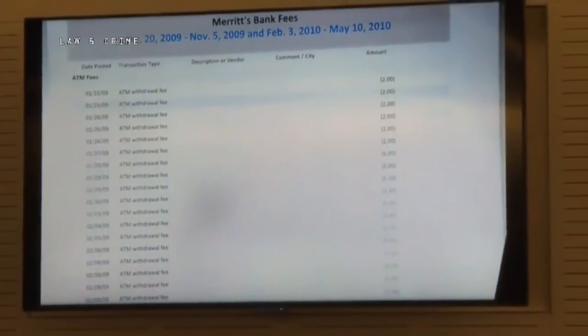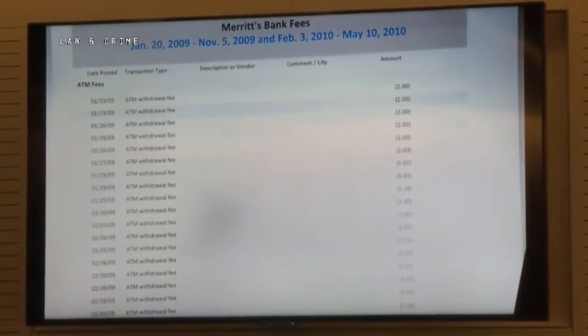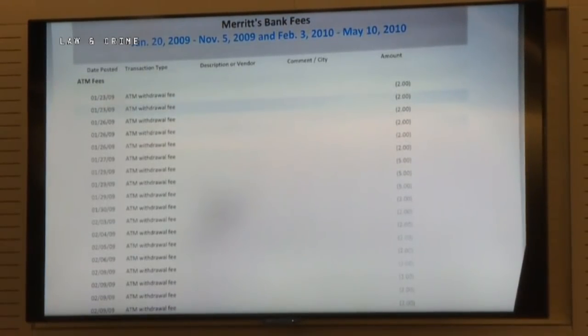This covers those three bank accounts, the two at Union Bank plus the Bank of America. And as I said earlier, we didn't have bank statements for a few months in the middle there, from November of '09 into February of '10. So this covers all those months that we do have information on.